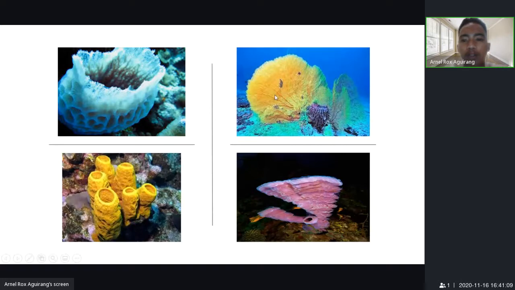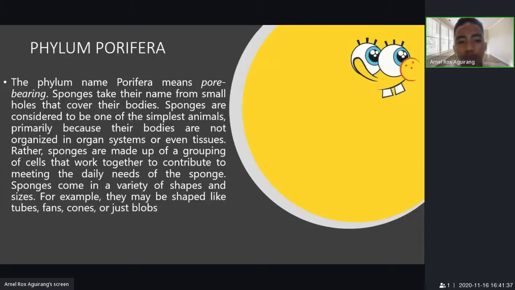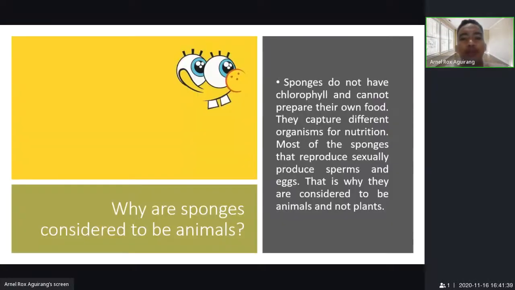The upper right portion of the screen shows an example of a fan-shaped sponge, and below it is a cone-shaped sponge, and then next to it is a cylindrical sponge, or tube.